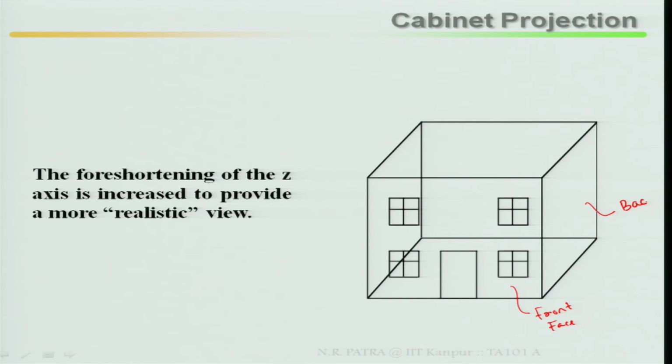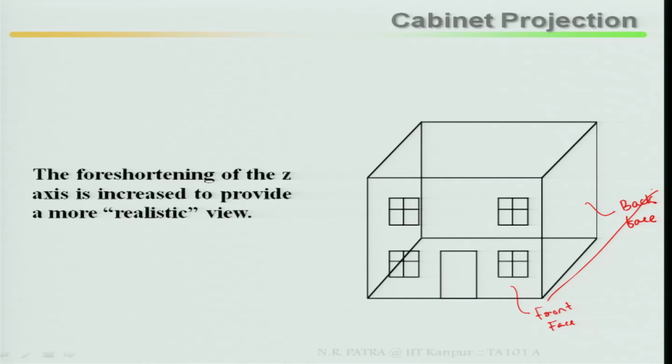Suppose in the depth direction it is larger, and in the back face there are certain features. To show it, you bring it closer so that you can visualize. That is the idea behind cabinet projections: the foreshortening of the z axis is increased to provide a more realistic view in the z or depth direction.